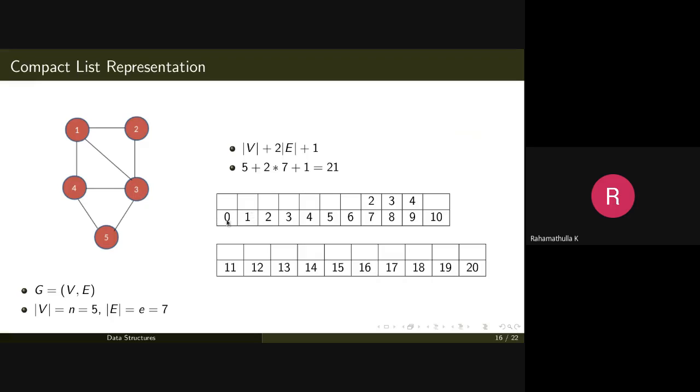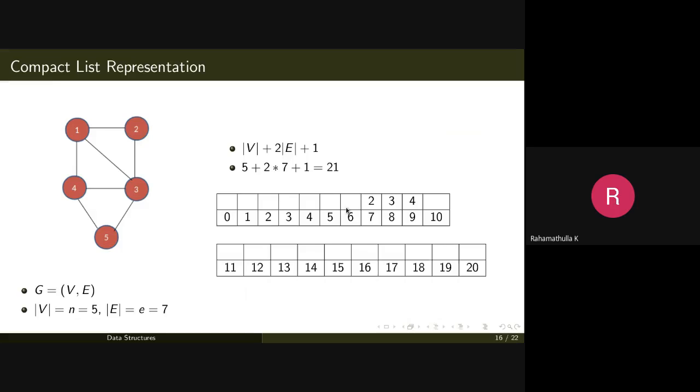In the compact list representation, the first entry we'll keep as blank, and the first few entries, that is 1 2 3 4 5, there are 5 vertices, and these 5 entries we'll use for representing the vertices. And after that, one place in the array we'll keep for something else.